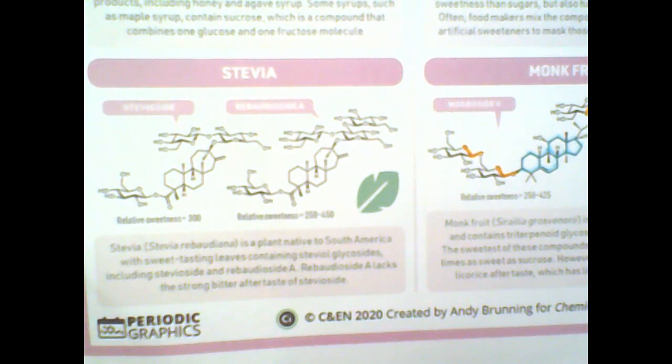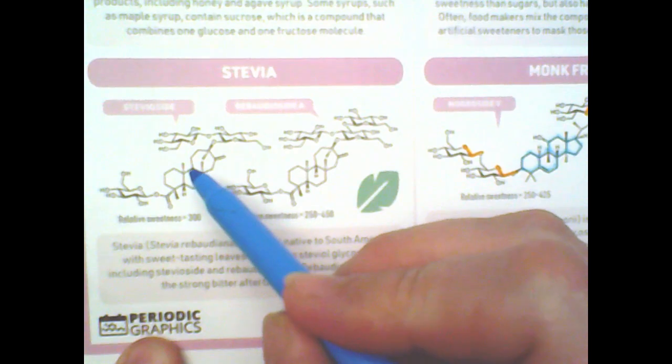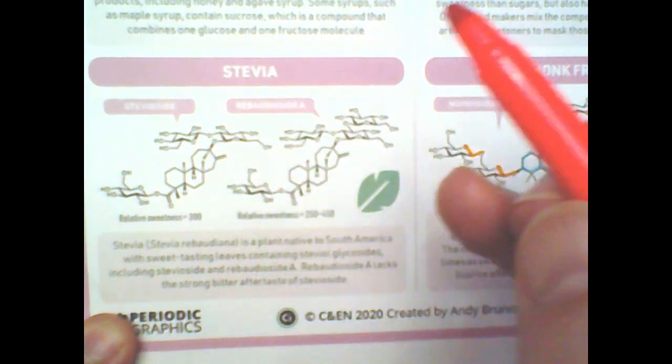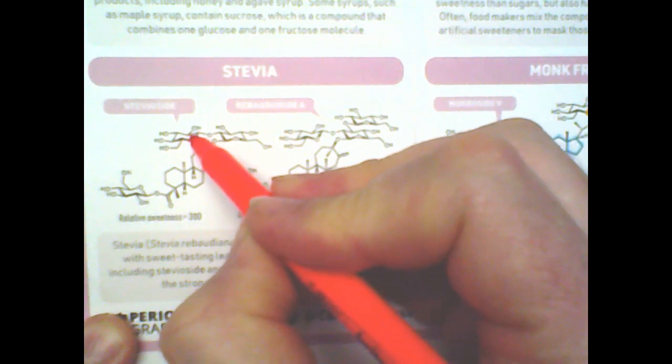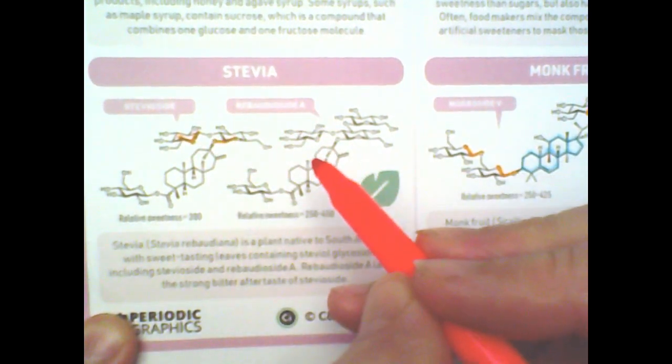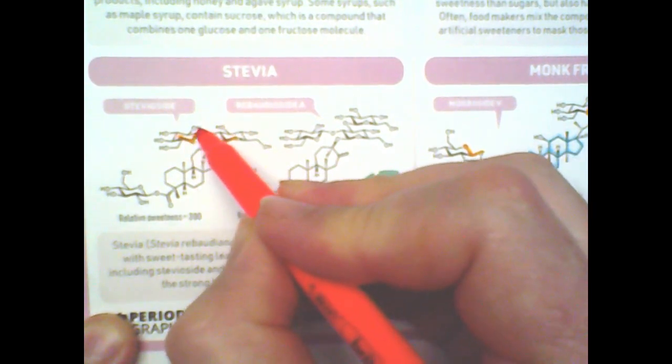And you could go through these for practice and identify, is it an aldehyde or a ketone? We can mark these acetal groups. Oh, I marked that one wrong.